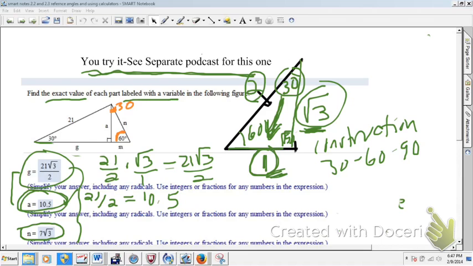Now we know A, we know that's 10.5. If I have the adjacent piece to the 30 degrees, how do I get the piece opposite? Just like here, if I have the adjacent piece, how do I get the leg opposite? I'm going to have to divide by root 3.